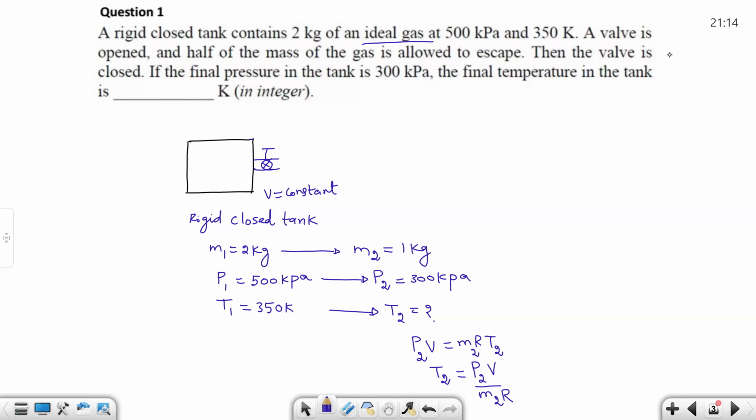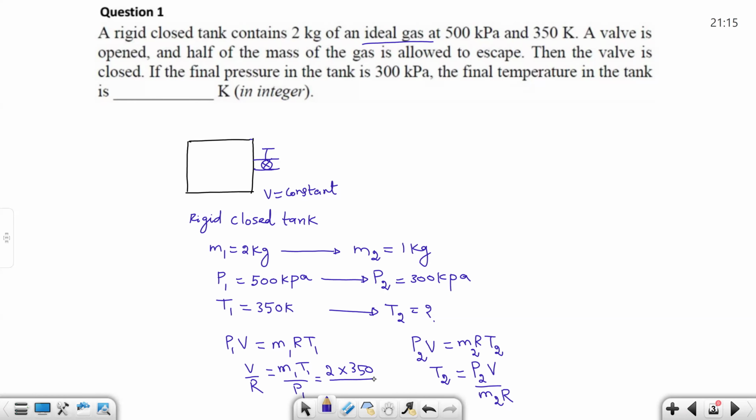Now we need V by R. P1 V is equal to M1 R T1, so V by R equals M1 T1 by P1. M1 is 2 kg, T1 is 350 Kelvin.